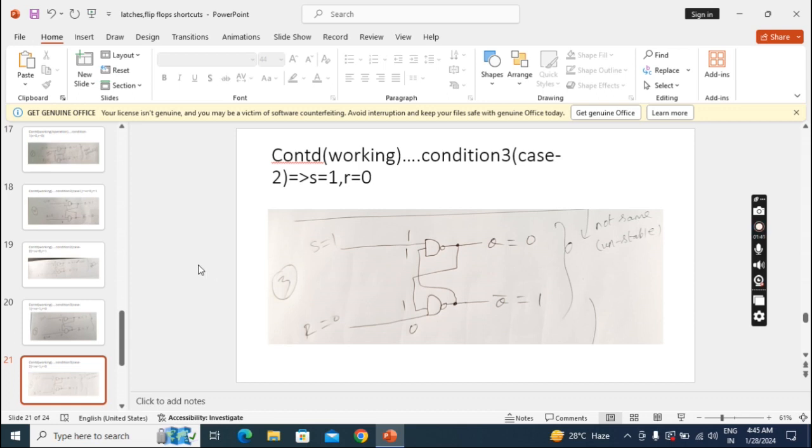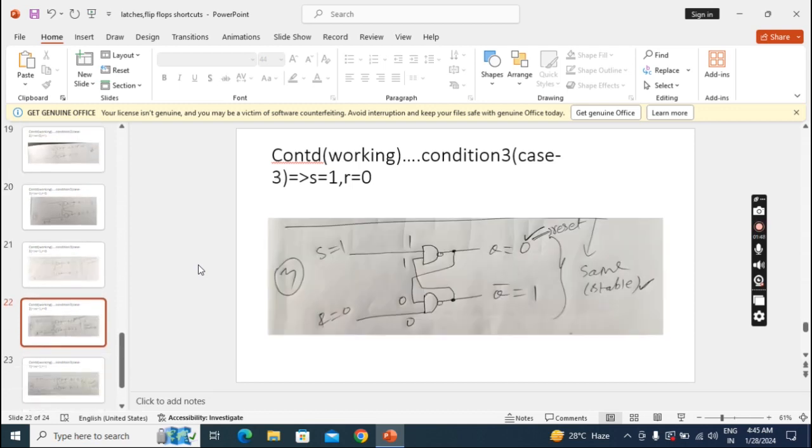Okay. So now case 3. Again in case 3 also I will maintain the same S1 R0. I feed back the previous case output. So now I am getting both are 1, so output 0. Both are zeros, output 1.